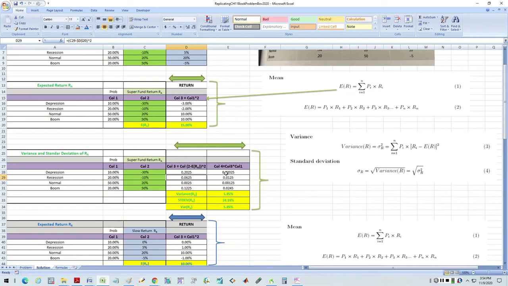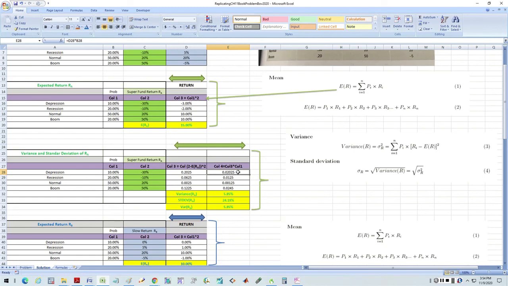In this column, I have column 4 equal column 3 times column 1. What I've done is I've multiplied (Ri minus E of R) whole squared times the probability. So you have 10% times that, 20% times that, 50% times that, and so on.